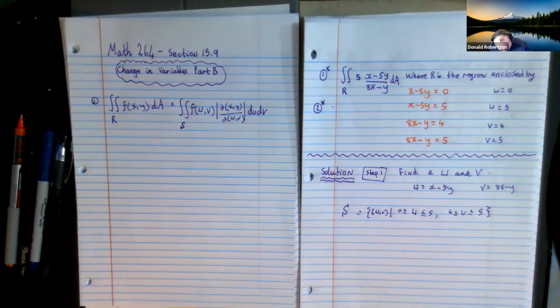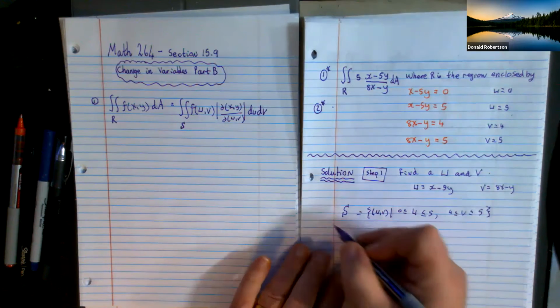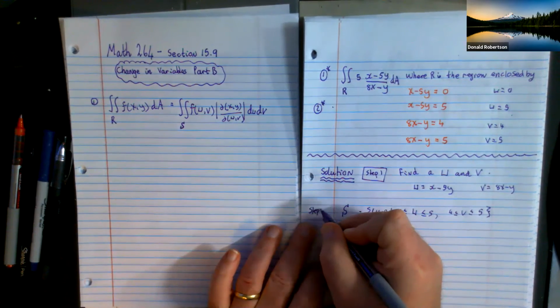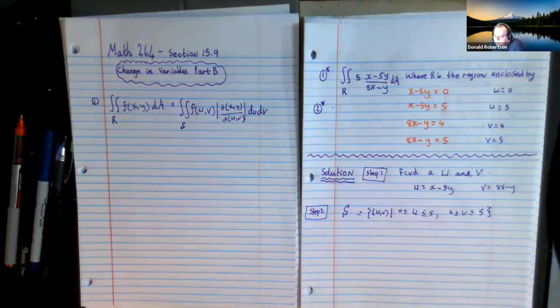Are you happy about how I chose my U and a V? And step 2, how I found out what the new region S is. Any questions? Are we good?